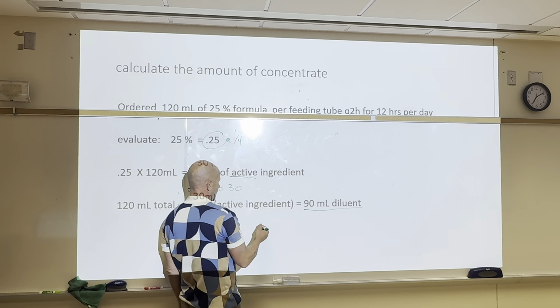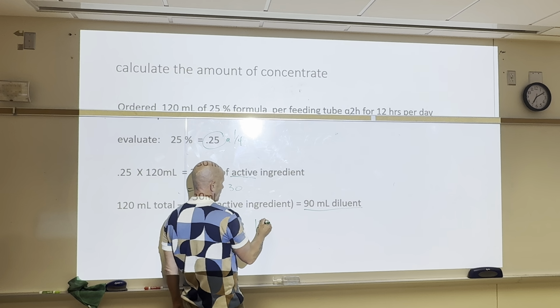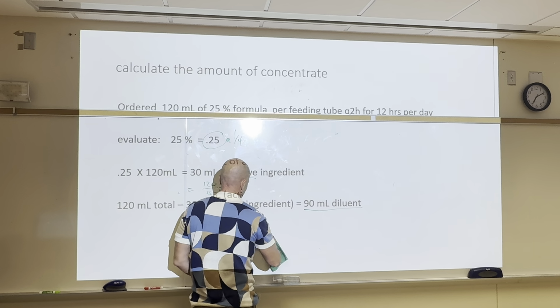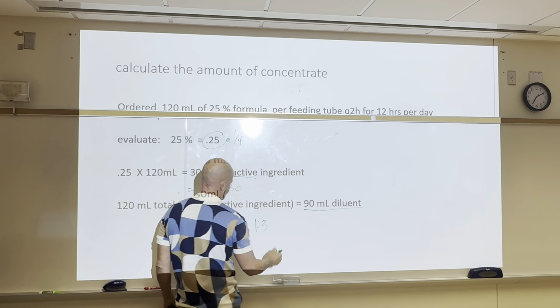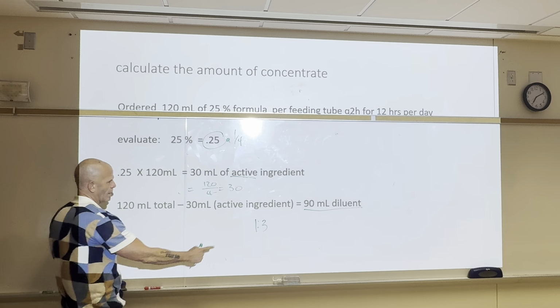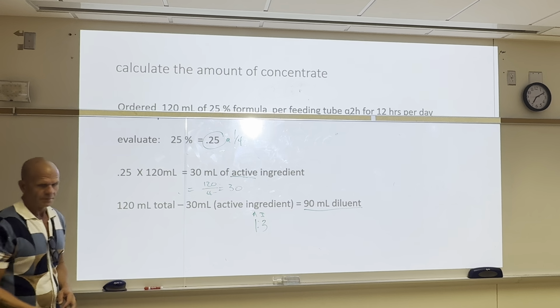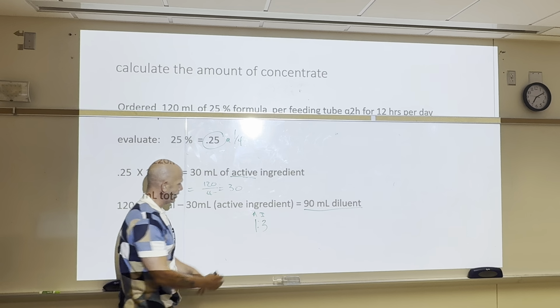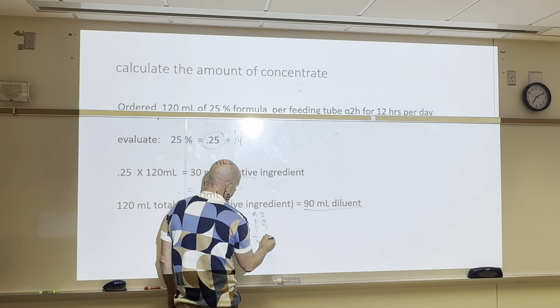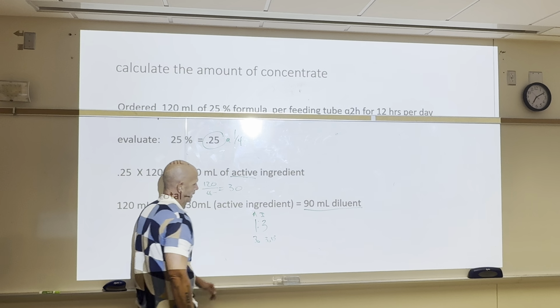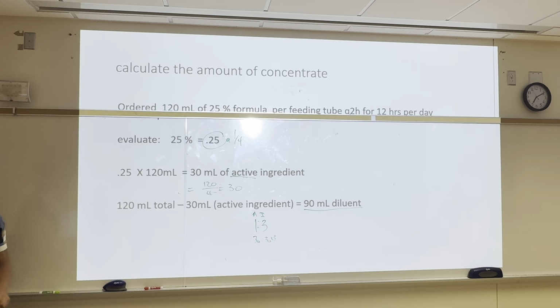So how would we write this? 1 to 4, or 1 to 3. 1 part active to 3 parts inactive. So active is 30, and inactive is 30 times 3. That gives you what? 120.